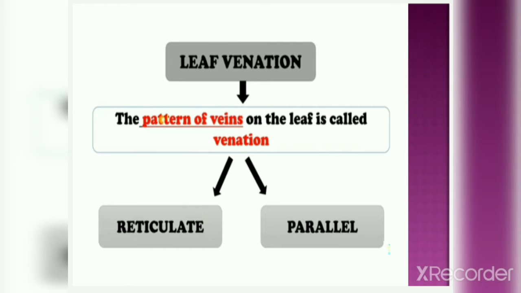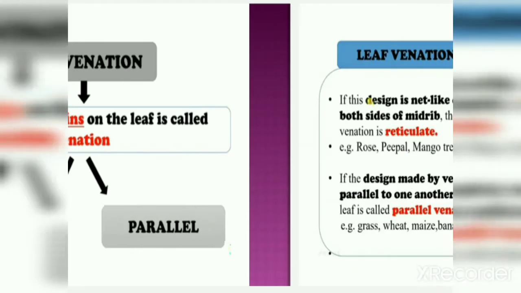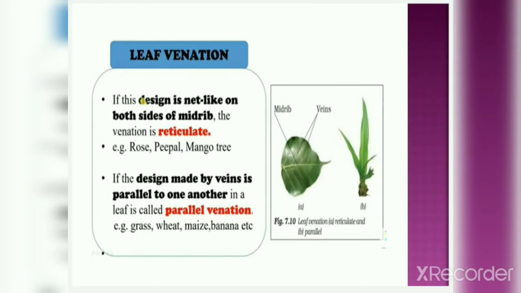The pattern of veins on the leaf is called venation, and we have two types of venation: reticulate venation and parallel venation. Let's study about each one of them. First is reticulate venation.